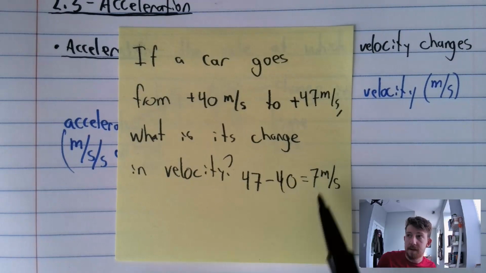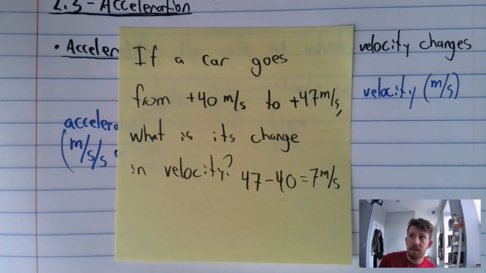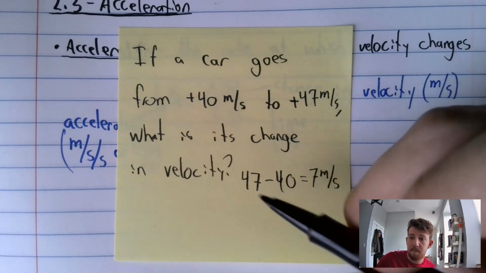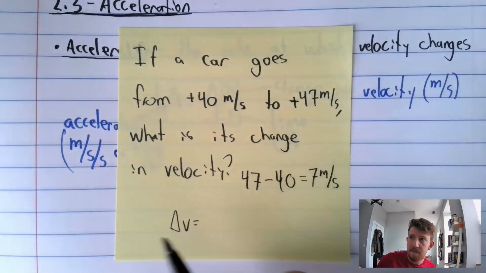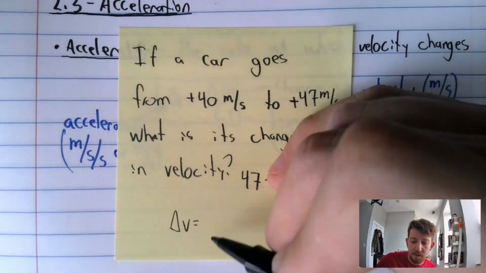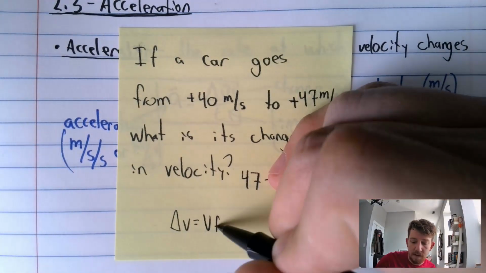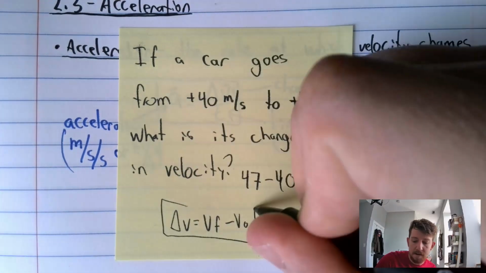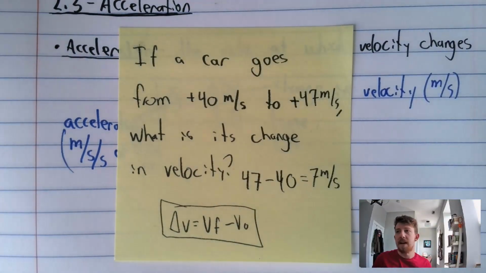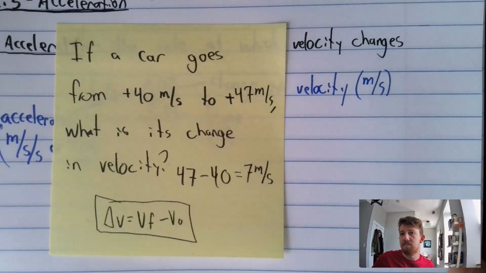That's pretty important to notice, because anytime we have a delta, this feature appears. So delta V, a change in velocity, can also be represented like this, Vf minus Vo. So that's sort of a mini equation that we can apply to anything. I mean, it doesn't matter what the letter is.